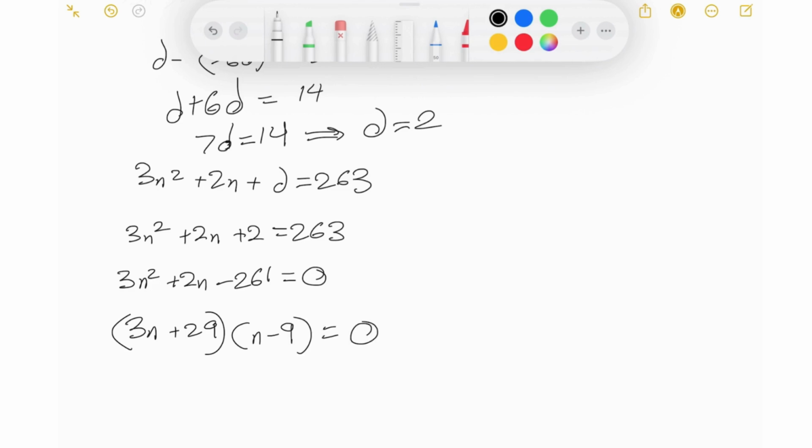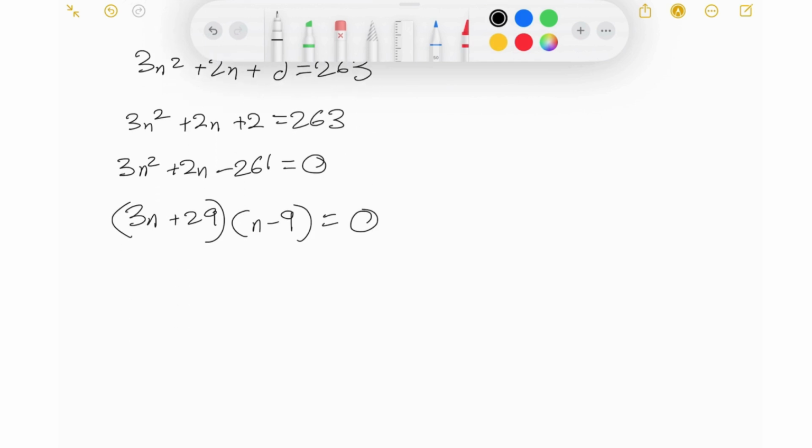You can double check my factorization, and we see that the solutions are n equals negative 29 over 3, or n equals 9. Now, let's just think about what n is for a minute. n is a base. By common sense, a base can't really be a fraction or negative. So n equals negative 29 over 3 is out, which means that n is 9.